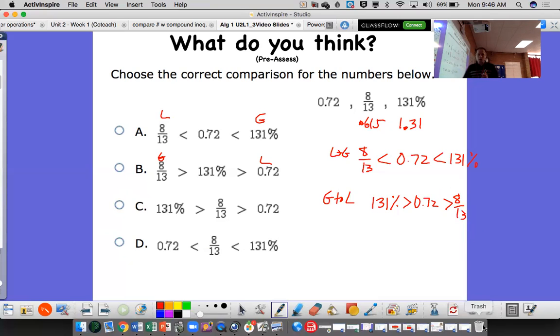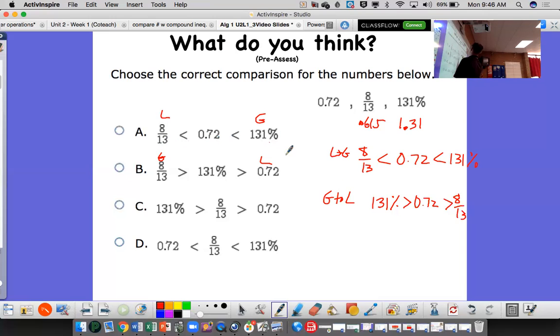So it is so important to read your symbols. Now that we have the way that we wrote it out, the correct way has got to be here. One of these is correct. Either way, I need the 0.72 in the middle. That's a guarantee. The tweener. The 0.72 is the tweener. So that's the only one with a 0.72 in the middle. And then boom, boom.